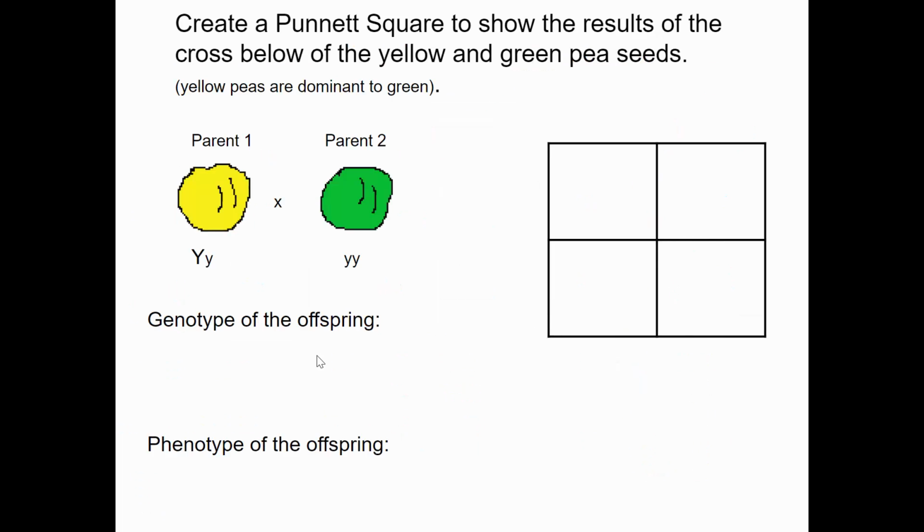All right, let's just do another example of a different trait. So peas come in two versions. They can be yellow or green. Yellow is actually the dominant color. So I have two pea plants that I'm going to do my little crossbreeding experiment with.